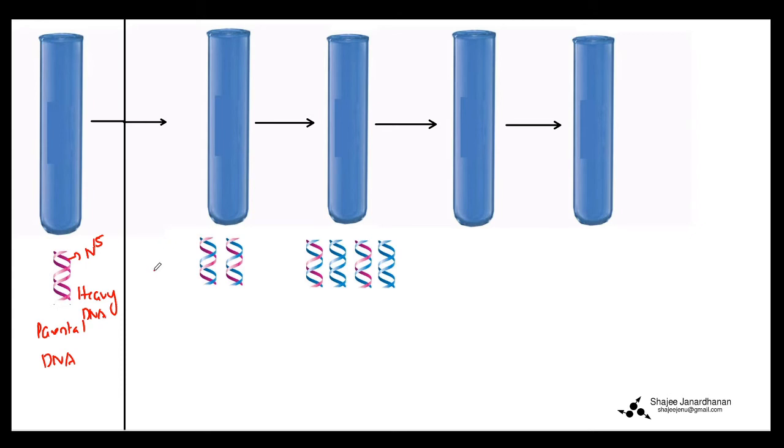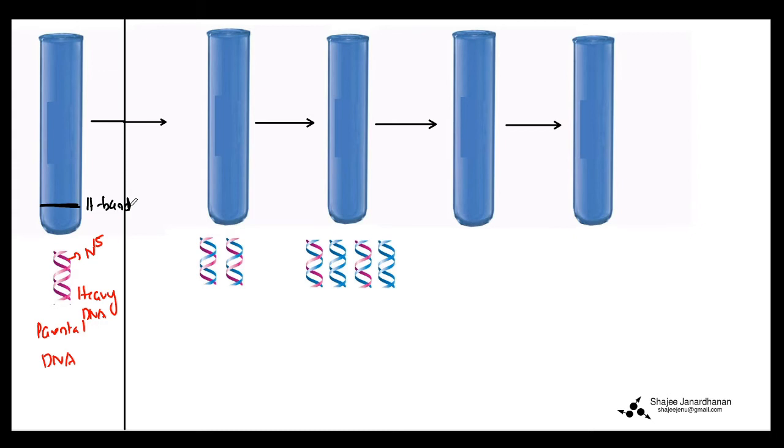If you do isopycnic separation in the cesium chloride density gradient column, you would expect the DNA to sediment onto the bottom of the tube. Why? Because the DNA is much denser. So I'll simply represent a heavy band at the bottom of the tube in this way. This is our heavy band that corresponds to the heavy DNA.